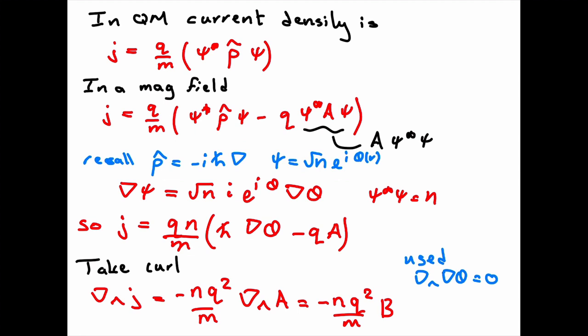Now, what is this equation that we've derived? We have just derived that the curl of J equals minus n, which is the supercurrent density, q squared over m times B. And this is what's known as the London equation.